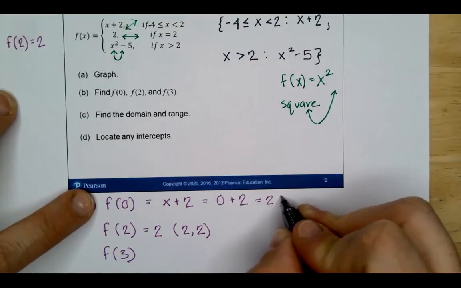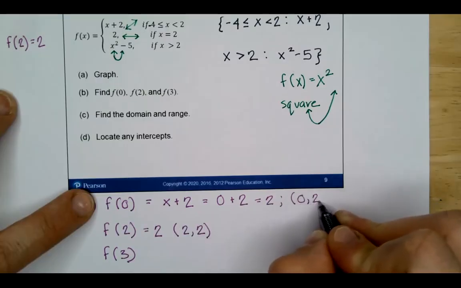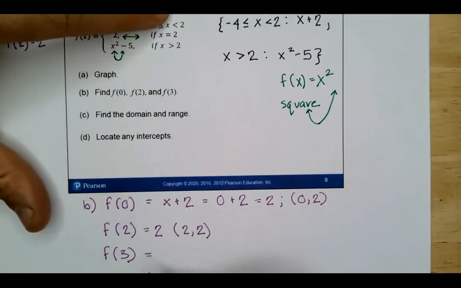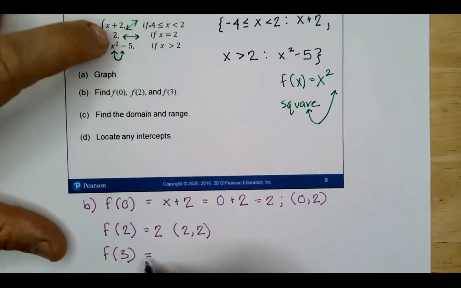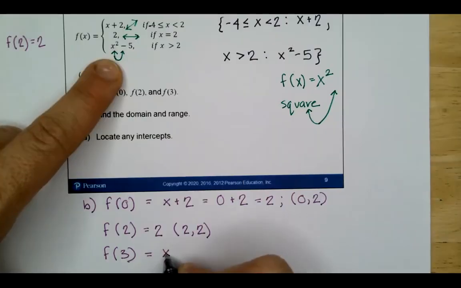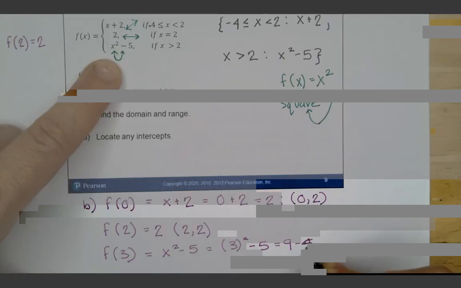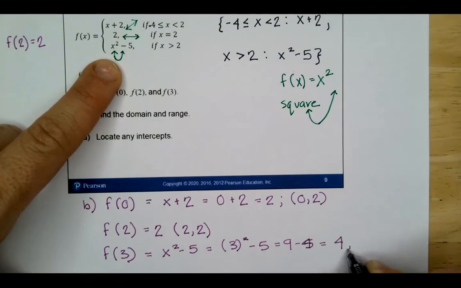So that's going to be the point 0, 2. F of 3, is that going to be between -4 and 2 or above 2? It's going to be above 2, so we're going to use the equation x squared minus 5. Instead of x, we're going to put 3. So 3 squared minus 5 is 9 minus 5, which is 4. So that's going to be the point 3, 4.